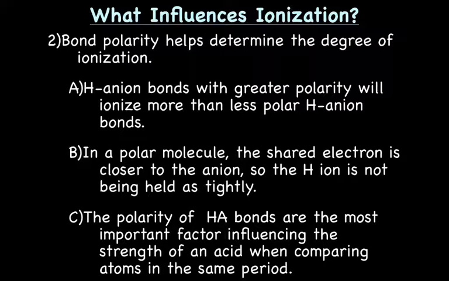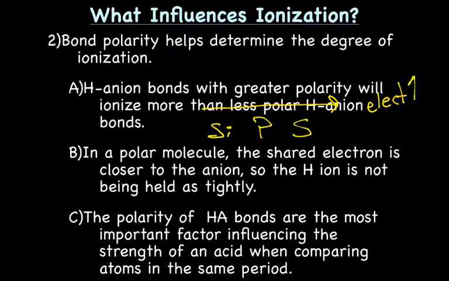Okay, so if we were to look at a portion of a period of the periodic table, let's take, for example, silicon, phosphorus, and sulfur. Going across the period, electronegativity increases, right?